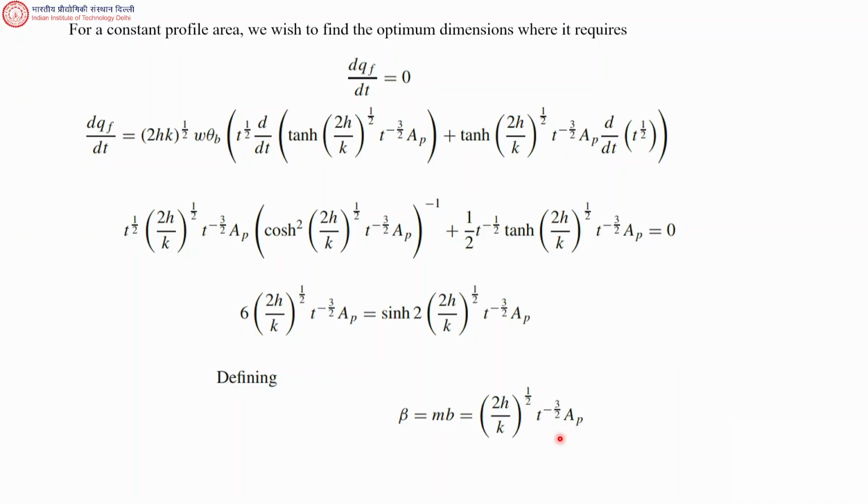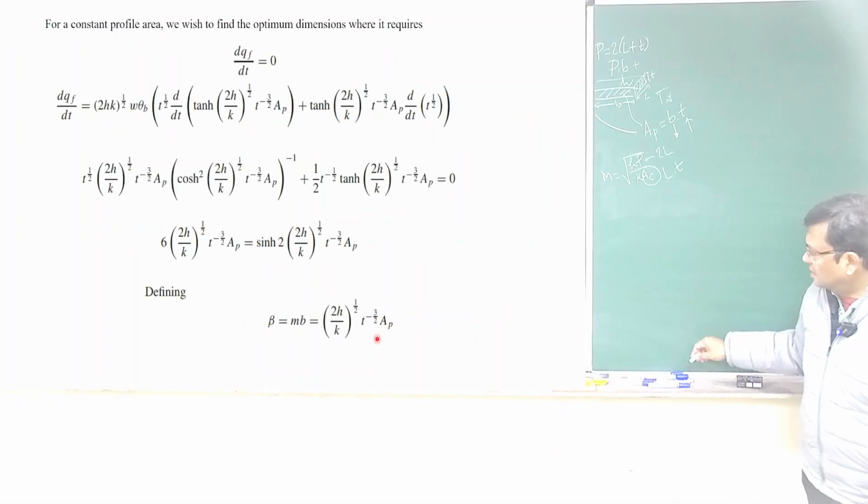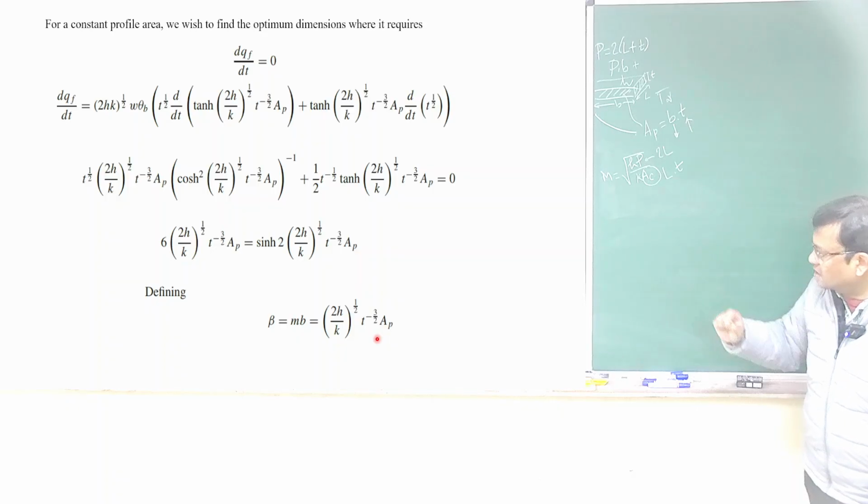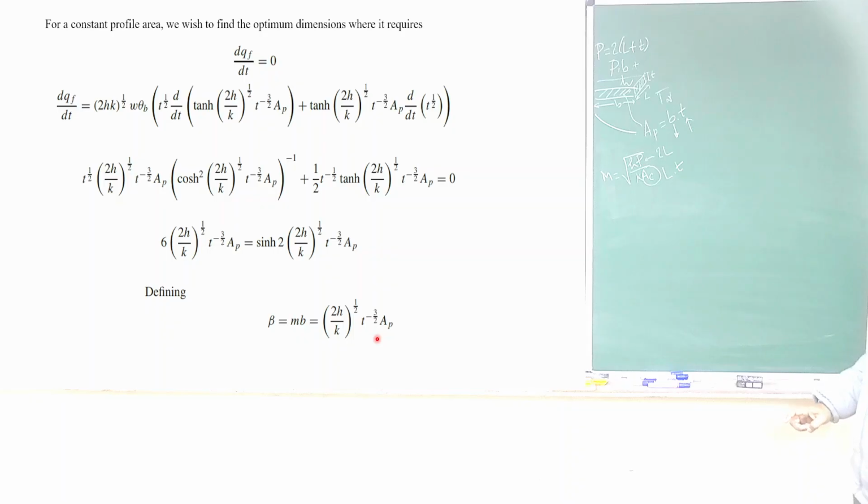This P is approximately 2L for this case when you have a thin fin, right? And Ac is L times t. So if you write these, m can be written in terms of h, k, L, and t. And then you can get the last expression if you write mb in terms of Ap. So all these things should be possible for you to do.